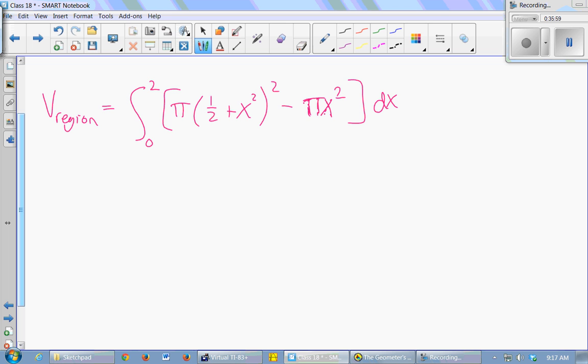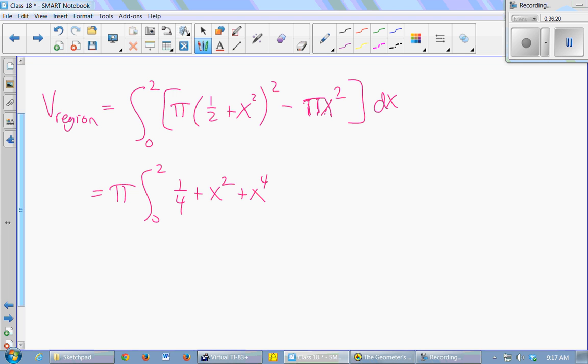All right, so I'm going to do the same thing as before. I'm going to take out a pi, I think. And then I'm going to FOIL this: square the first, square the last, take the product of the two, 1/2 times x squared, and double it. And you get plus x squared.